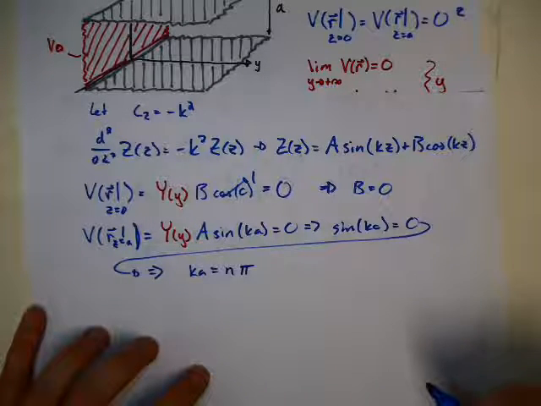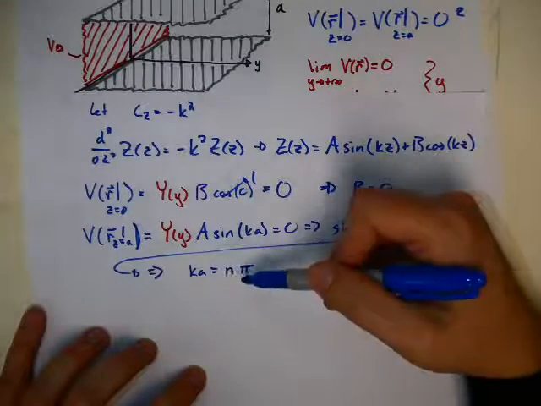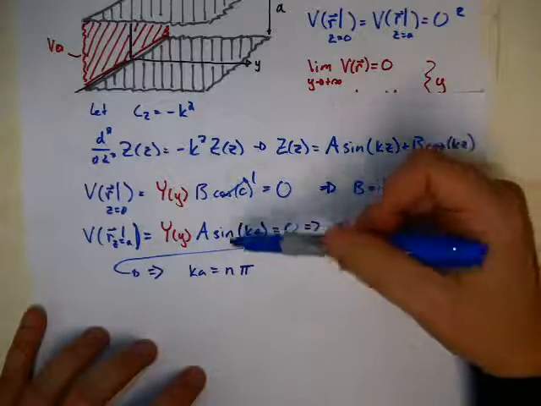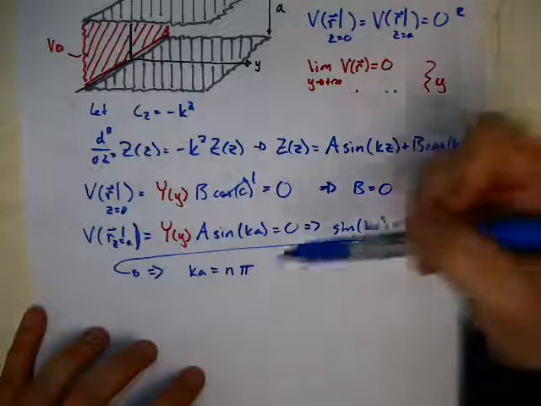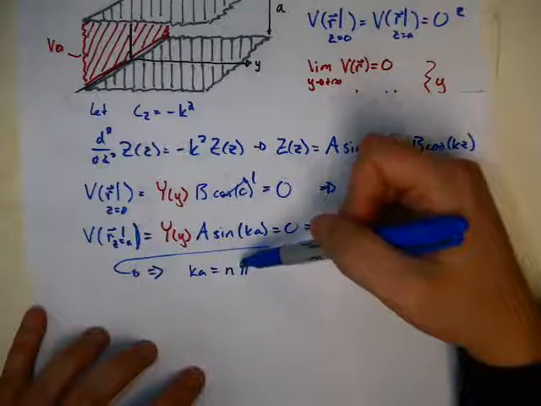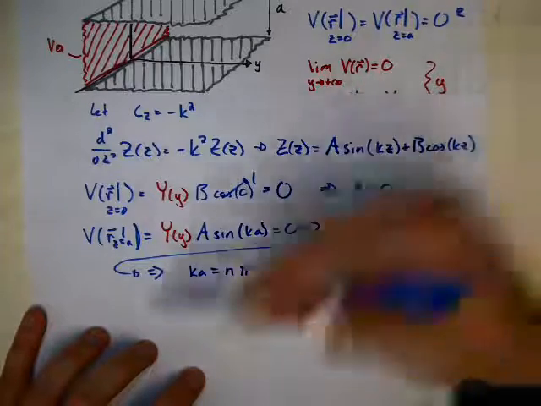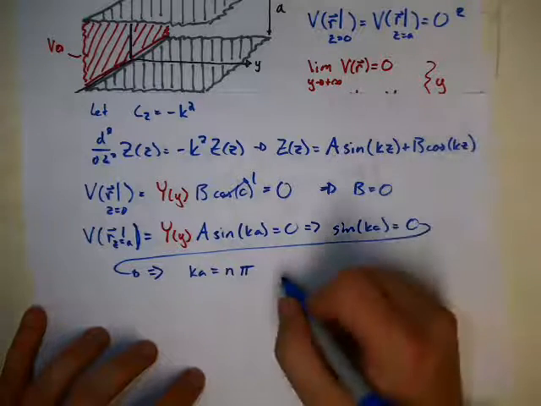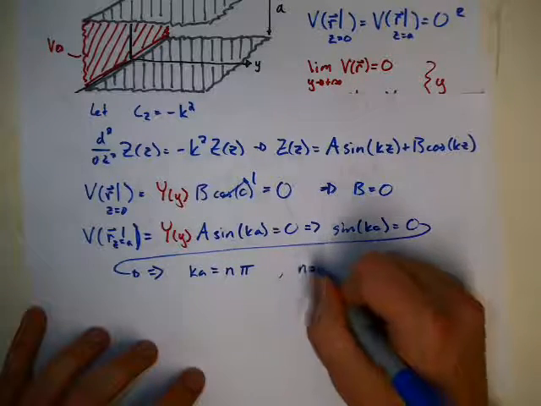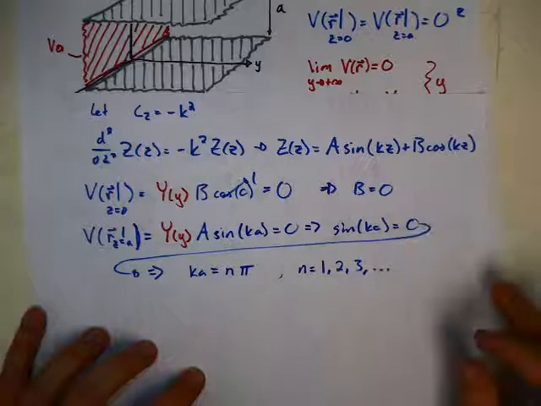And here we can be a little bit more specific. n can't be 0 because if n is 0, the sine of 0 is 0 everywhere, and that's an uninteresting answer. If n is negative, it looks the same as if n is positive. I could just change my a to minus a and it wouldn't change anything. And so the only independent solutions here are going to be for n equal to 1, 2, 3, dot, dot, dot.